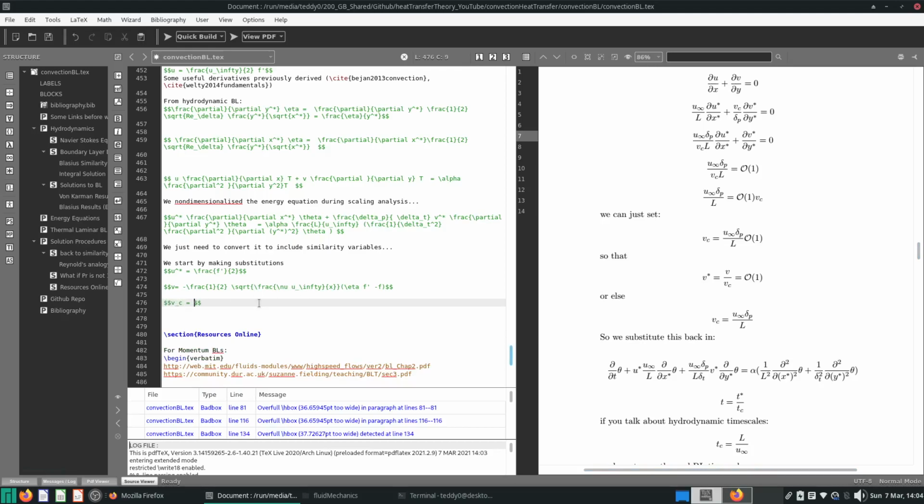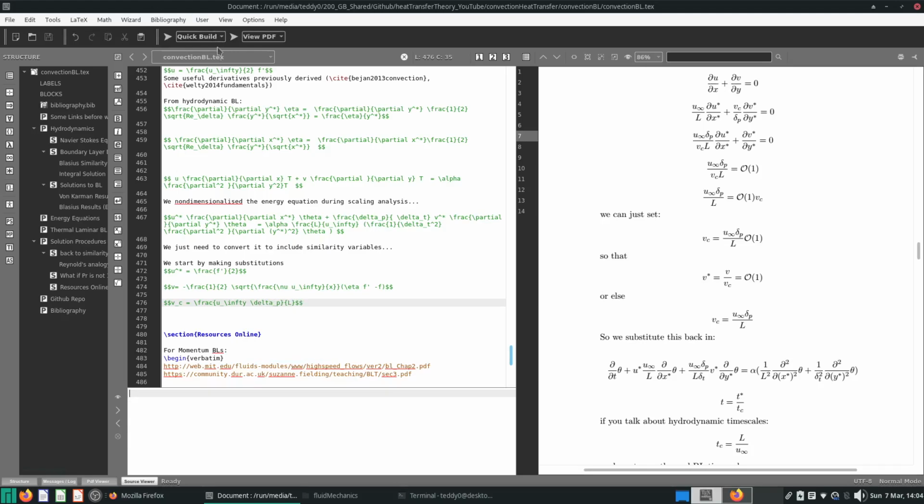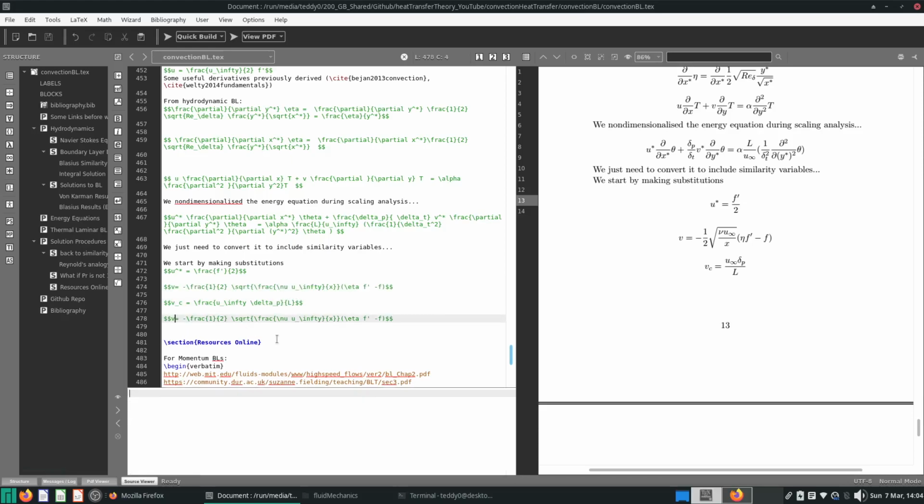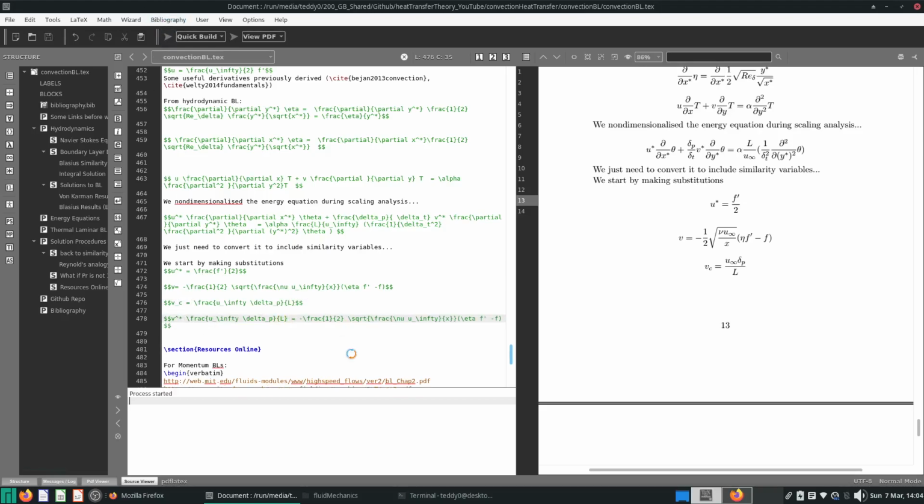Vc equals to fraction U infinity delta P, those are momentum boundary layer, over L. So we can use that as a way to help us non-dimensionalize. So V equals to V star into Vc, which is all of this here.